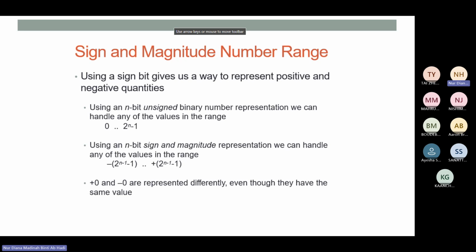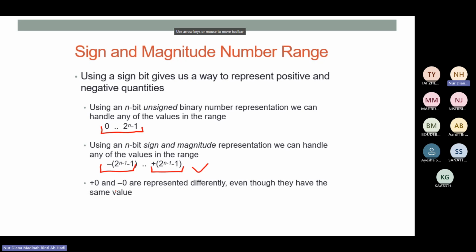Using n-bit unsigned binary number representation, we can handle any value inside the range. But if we are using n bits with a sign, we need to add a sign, negative or positive, in front, whereas the unsigned one has no sign in its representation.